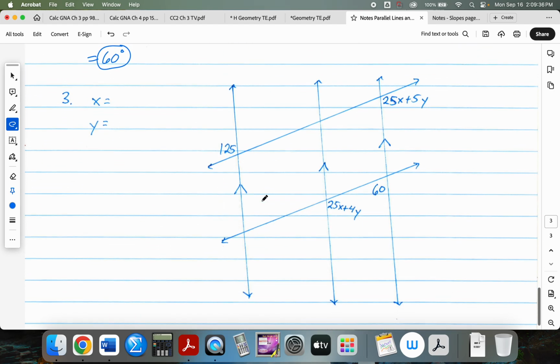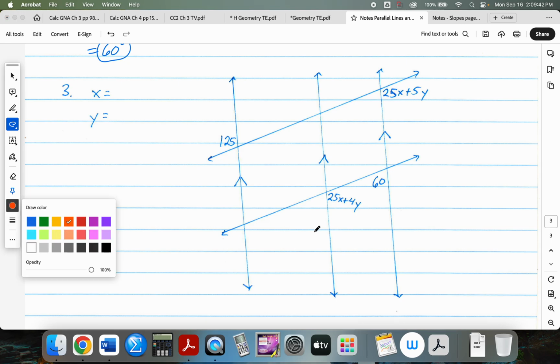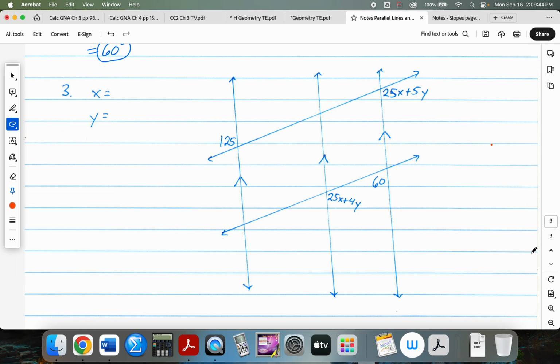All right, one more, and this one's a little bit more difficult, because there are two different variables here. We always want to be moving along the transversal, across the parallel lines.